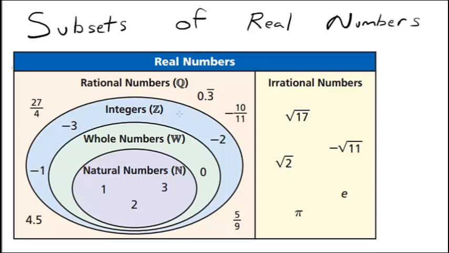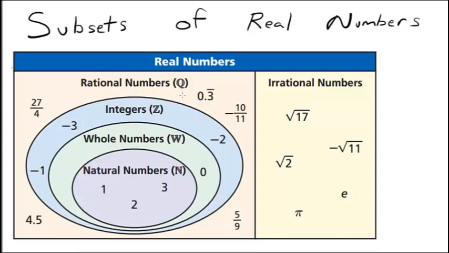The rational numbers are things that can be shown as a fraction, 3/4, 2/3. And in fact, this decimal right here, 0.3 with the line over it, means repeating. So 0.3 repeating happens to be 1/3.